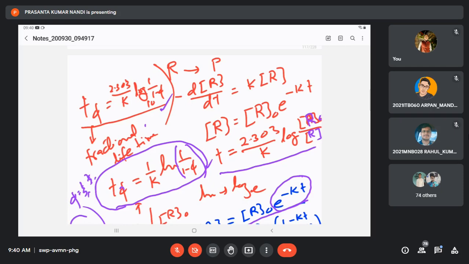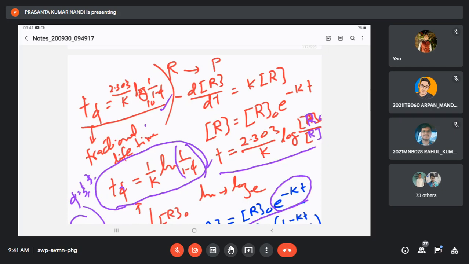Suppose you sometimes forget whether it will be R0 by R or R by R0. You can easily guess, because as the reaction progresses, the reactant concentration R will be much less than R0.